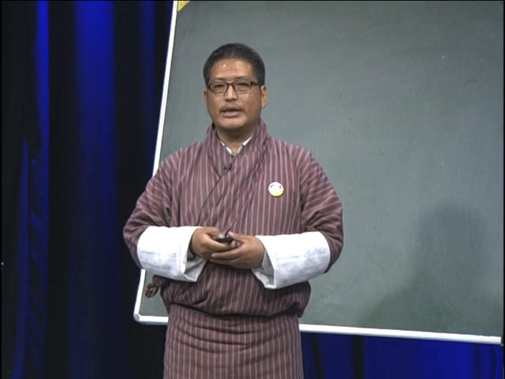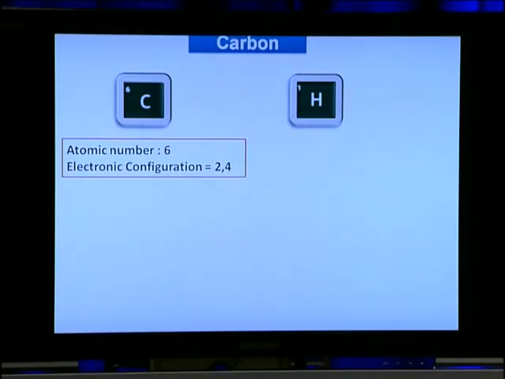Remember, for an atom to attain the state of stability or noble gas configuration, the atom must have 2 electrons in the outermost shell if the outermost shell is the K shell. On the other hand, if the outermost shell of the given atom is besides the K shell, that is L shell, M shell, N shell, then the atom must have 8 electrons in the outermost shell. Then only are atoms considered to have attained the state of stability or the noble gas configuration.